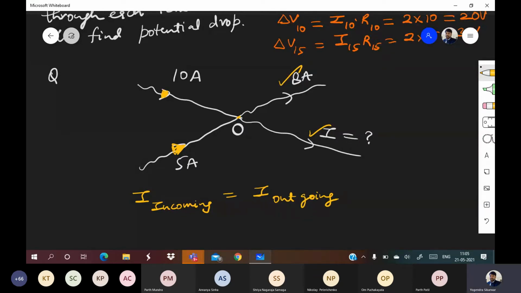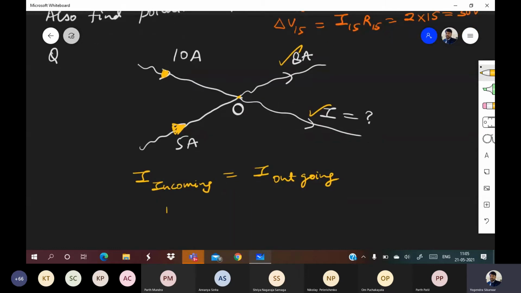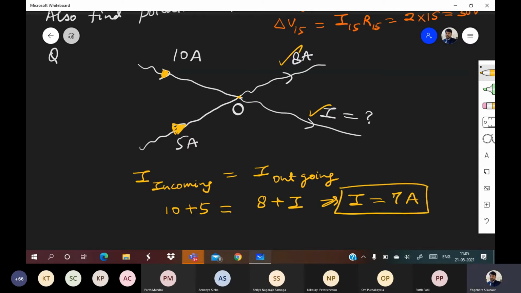The value of current coming to the junction and the value of current leaving from the junction should be equal. So 10 plus 5 must be equal to 8 plus I, and that gives you I is equal to 7 ampere.